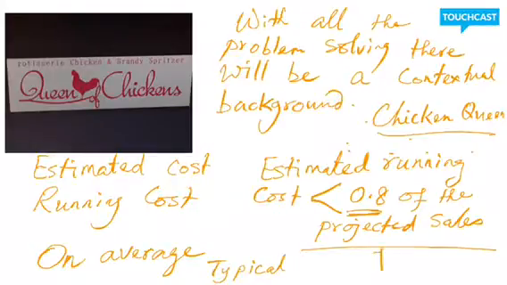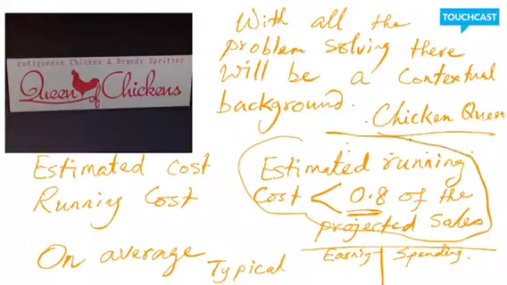Now, one of the things we need to understand with any kind of business, there has to be a balance sheet, earning and spending. And that's where that connector comes in.